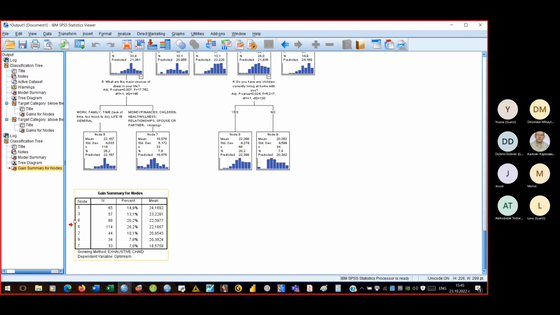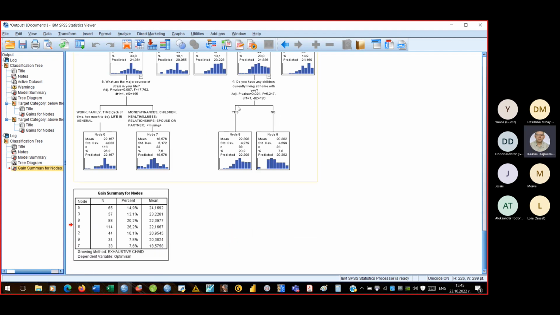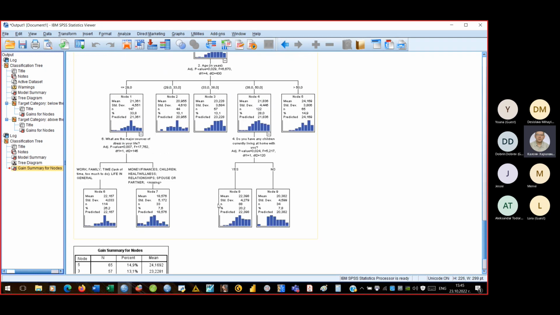And in node number 7, the average score of optimism is lowest. And we can see these nodes in the tree. So node number 5. Here is node number 5.